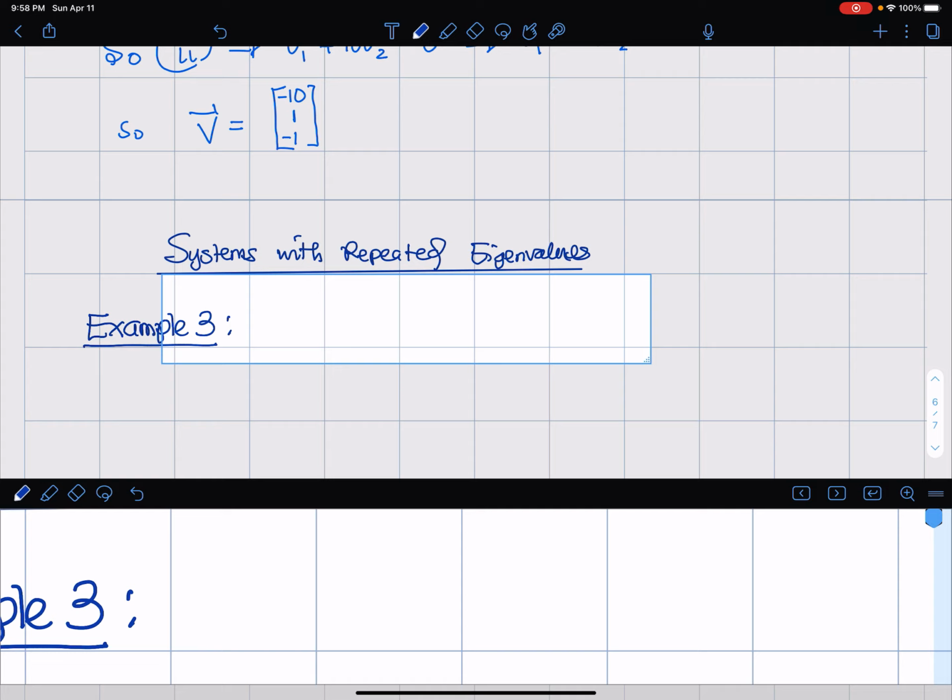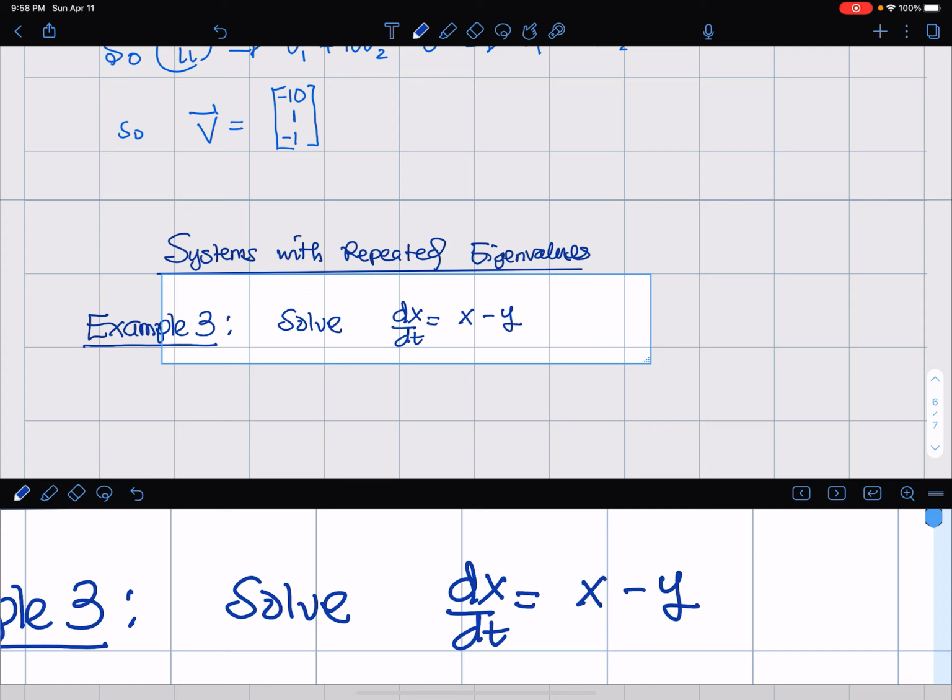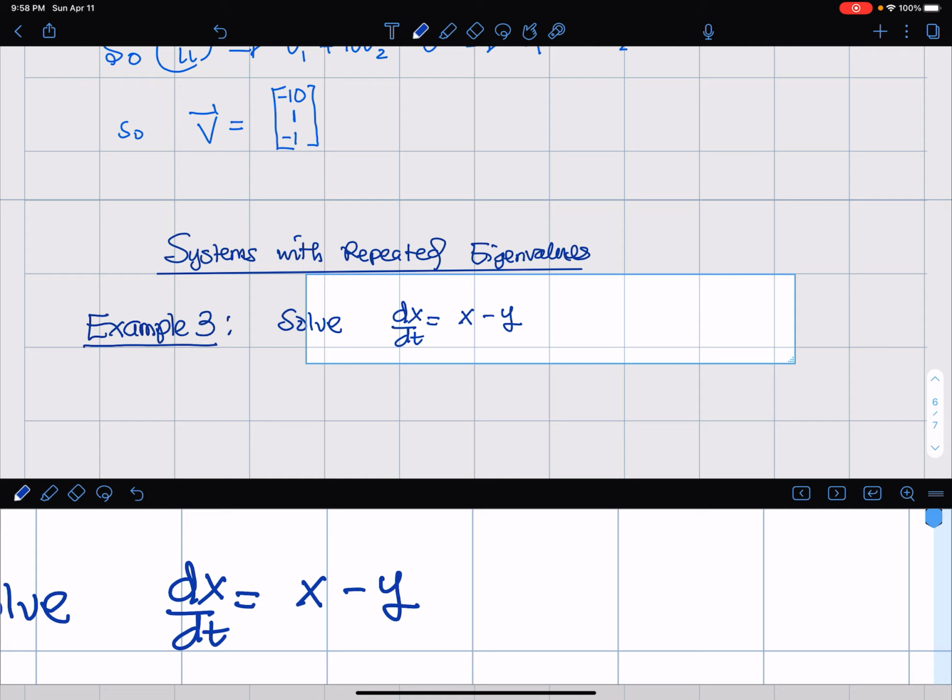Okay, so let's solve the system. dx/dt is equal to x minus y, and dy/dt is equal to x plus 3y.